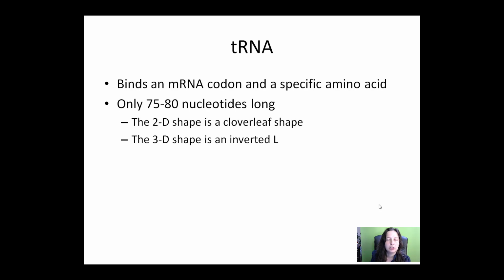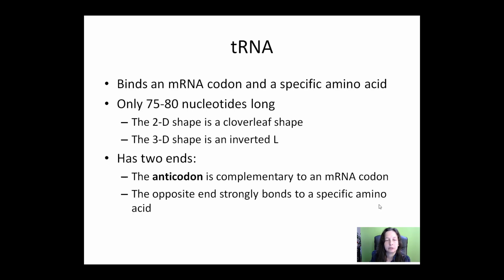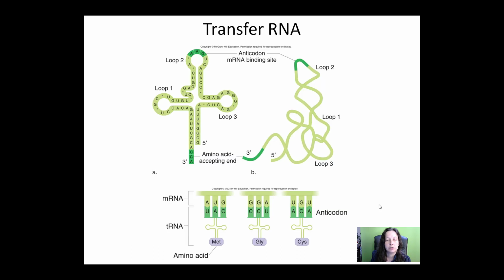It has a kind of clover leaf shape, and it has 2 ends. One end contains the anticodon, which is complementary to the mRNA codon, and the other end bonds to a specific amino acid. So here we have the picture of transfer RNA, and specifically it has the anticodon.